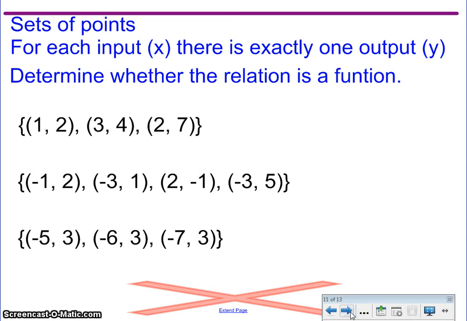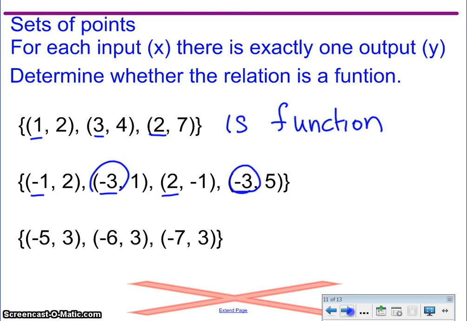All right, for a set of points, determine whether or not there's exactly one output for each X: is it a relation or a function? So here, X never repeats itself, so it's a function. Here, I've got -1, -3, 2, -3. -3 repeats itself with different values of Y, so this is a relation.